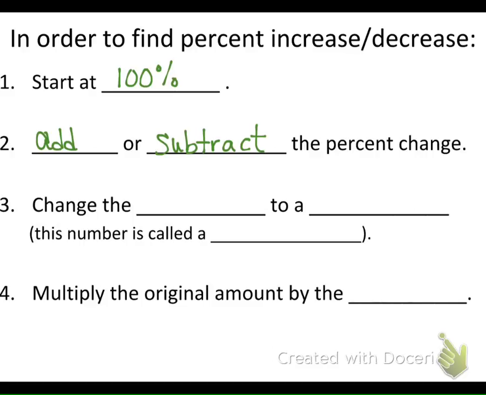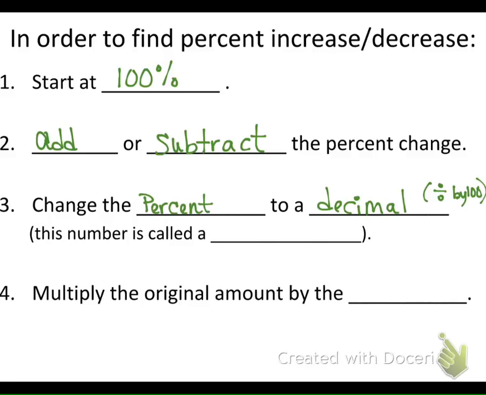Then we're going to change the percent to a decimal. And if you remember, we do that by dividing by 100. Or you can move the decimal point. The main thing, divide by 100.